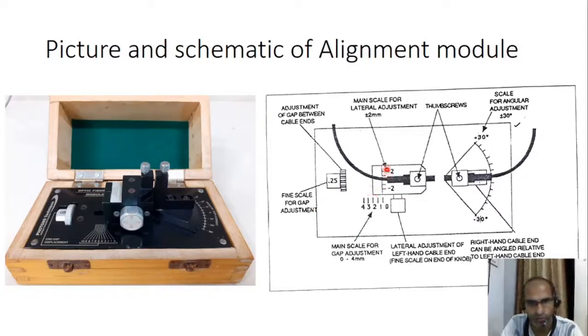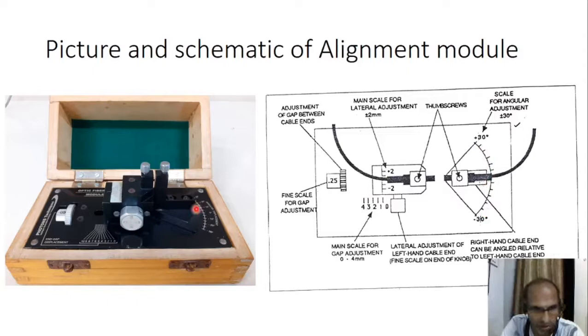Similarly, by using this lateral adjustment screw, we can rotate it either clockwise or anti-clockwise to make the model move laterally, either to the upper side or the lower side. The third part of this model is the angular scale or angular model, which can rotate. We can increase or decrease the angle over the scale.